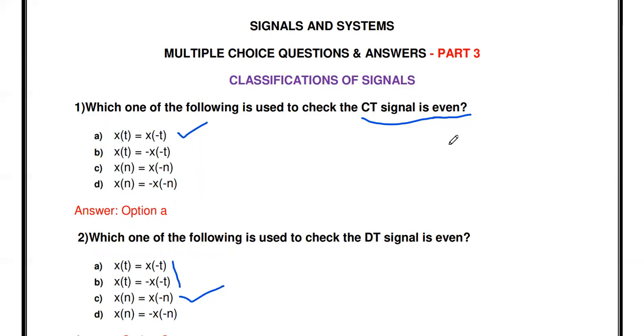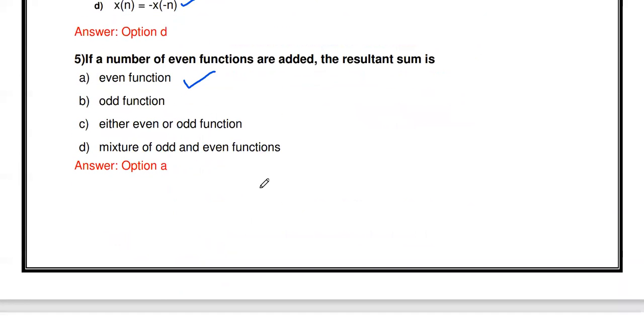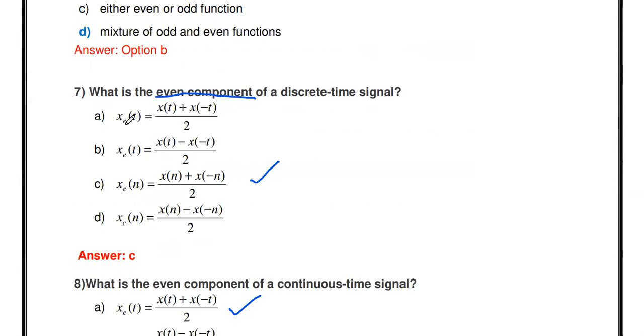Then if you add the even component and odd component, we get the original signal. We calculated x e of t and x o of t; if you add the even and odd components, we get the total signal x of t. So each signal x of t has some even part and odd part.